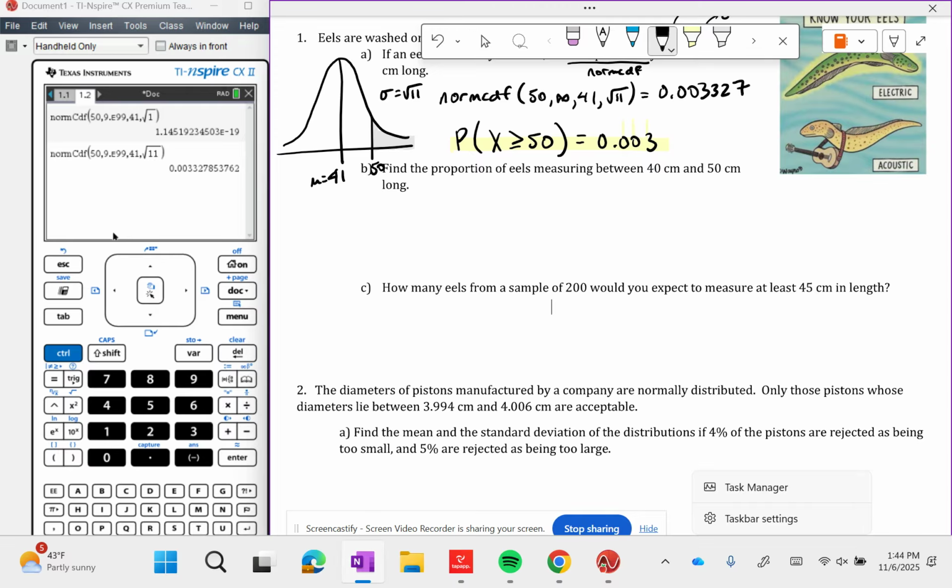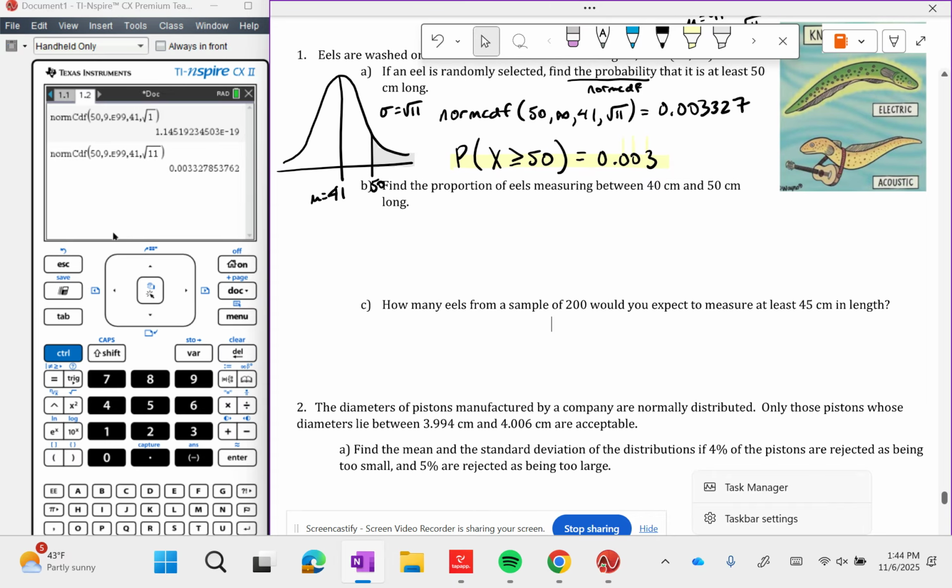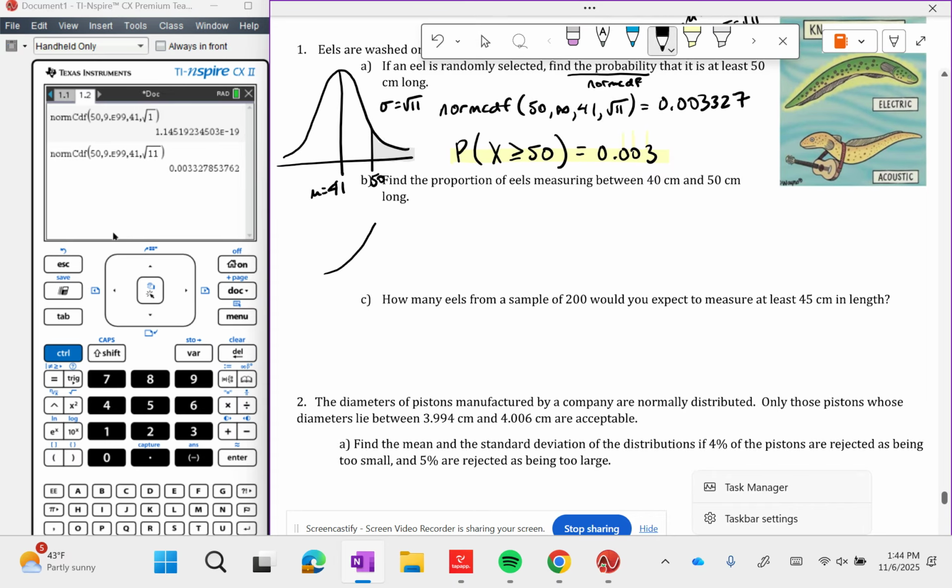Find the proportion of eels measuring between 40 centimeters and 50 centimeters long. Let's do it again. I've got a mean of 41. I've got a standard deviation of the square root of 11, and I'm from 40 to 50. Okay, so this is kind of close to the mean. Oh, that should be a 40. So just shade that middle part. And then this should be a 50.